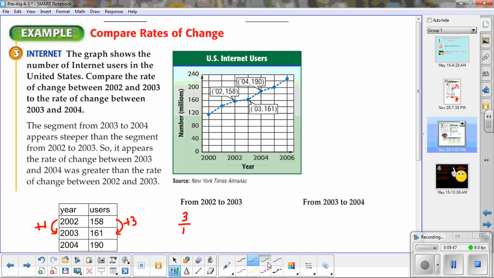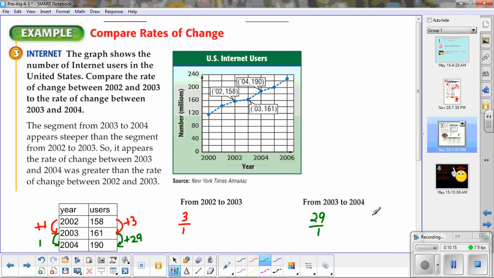And now from 2003 to 2004, it went from 161 to 190. That's an increase of 29 users in 1 year. So that rate of change is 29 users per year.